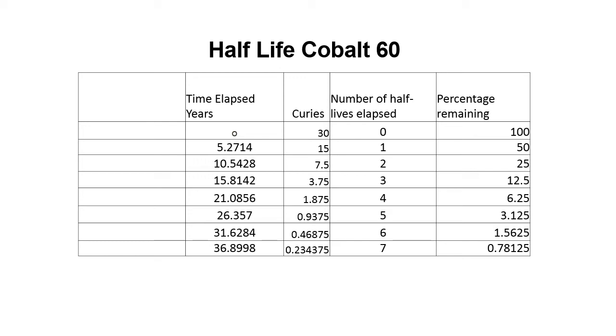And instead of emitting 30 curies like you were at the start, you're going to be kicking off 15. And then 5 years later, you're down from 15 to 7.5, and then 3.75. So you can see how this decay works. It's a half-life.